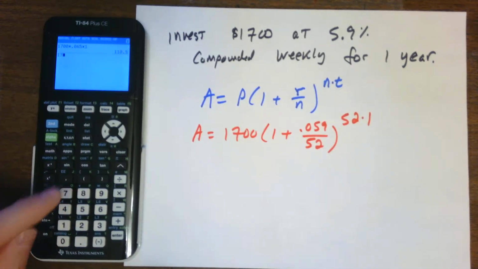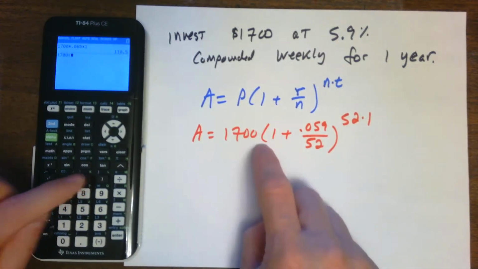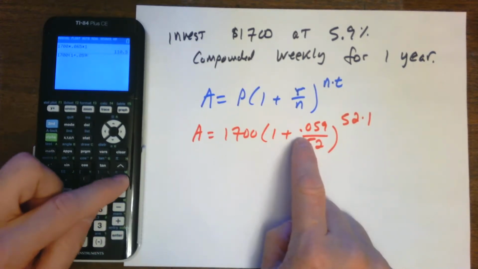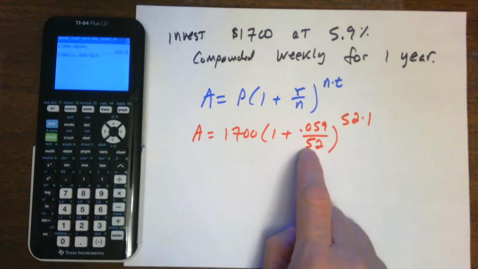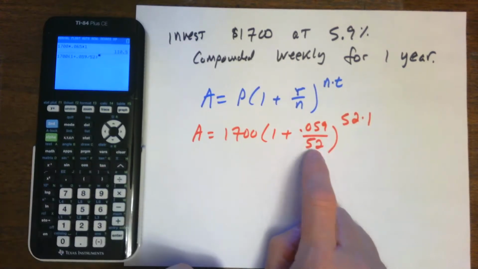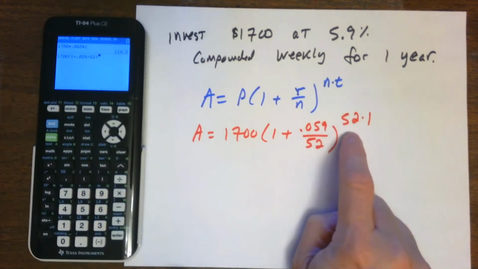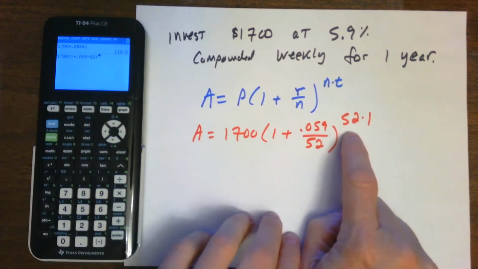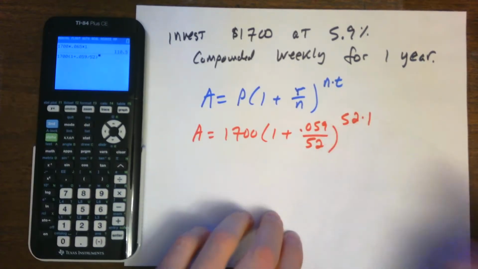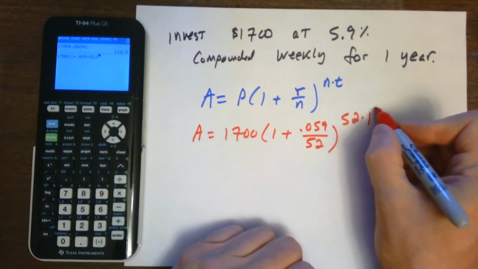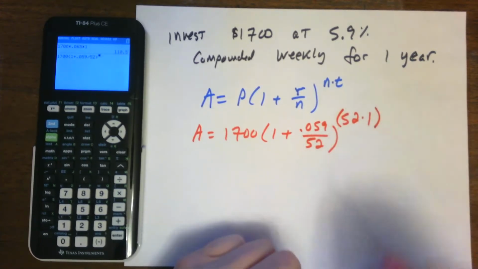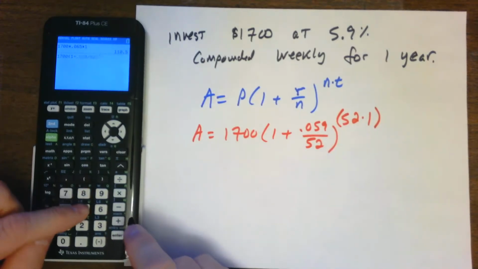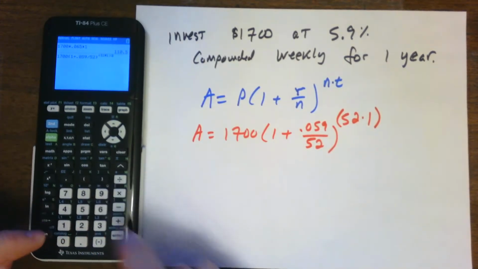Let's see how much this is going to be worth. So 1,700, open parentheses, 1 plus 0.059 divided by 52, close parentheses, to the power of, now be careful, if your calculator doesn't jump up there in the exponent like this, if it just gives you the chevron button, you probably want to make sure that we put the exponent in parentheses. Open parentheses, 52 times 1, close parentheses.